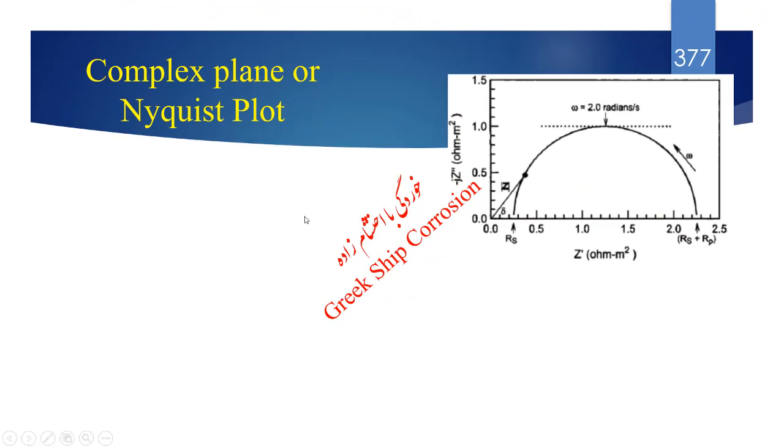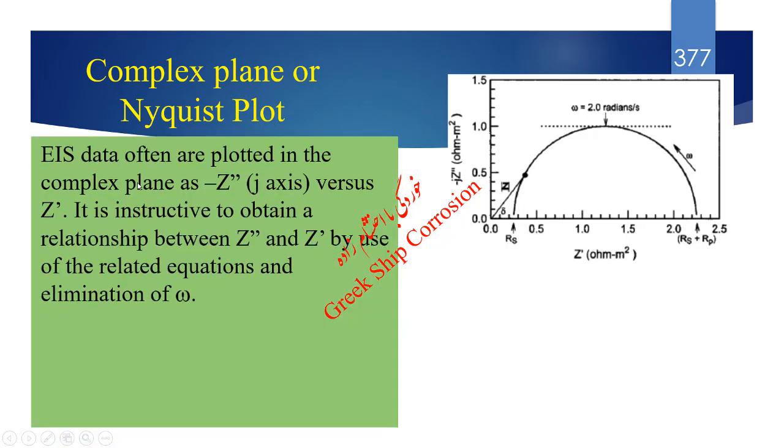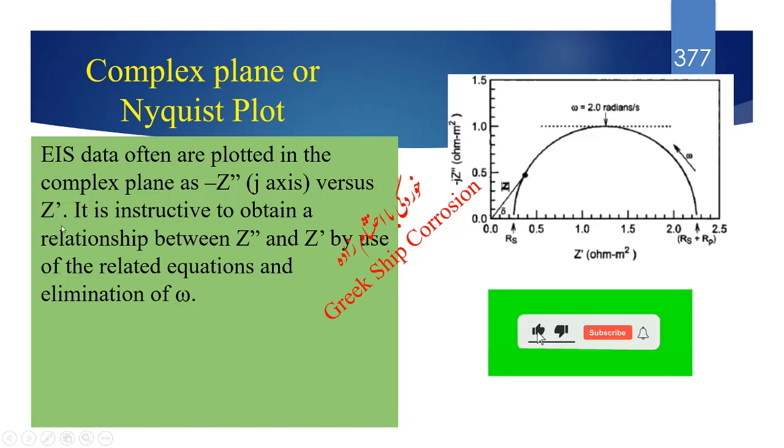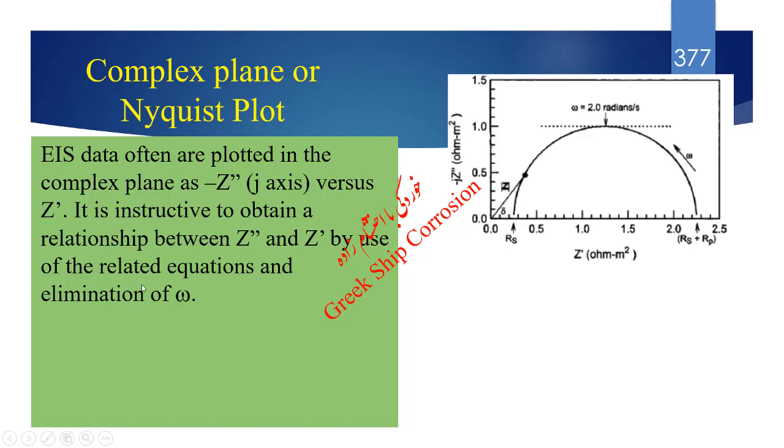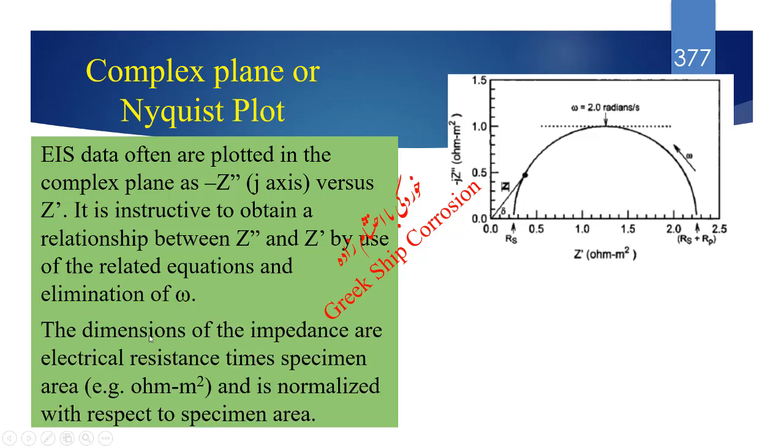Complex plane or Nyquist plot. EIS data often are plotted in the complex plane as -Z double prime (the j axis) versus Z prime. It is instructive to obtain a relationship between Z double prime and Z prime by use of the related equations and elimination of omega. The dimensions of the impedance are electrical resistance times specimen area, for example, ohm square meters, and is normalized with respect to specimen area.